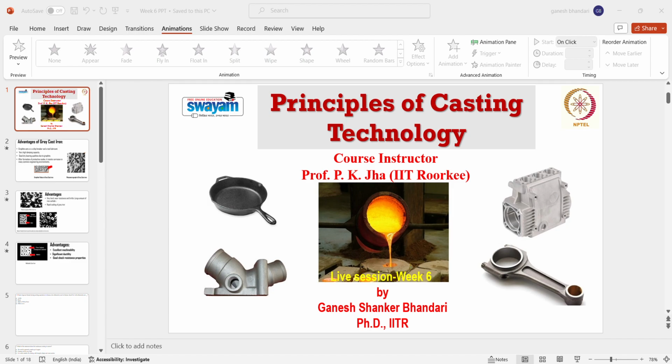During the melting process, we generally add cerium, magnesium or sodium as foreign elements. With the help of these foreign elements, the spherical carbon nodules will form inside your structure.